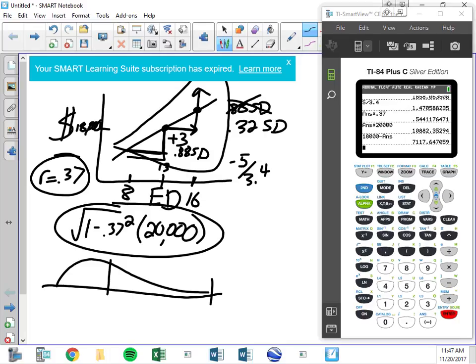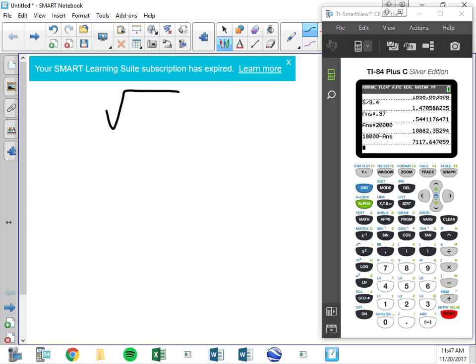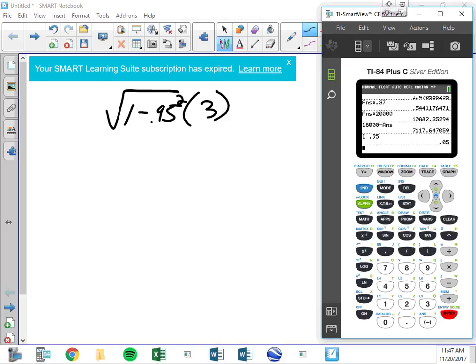Okay, so the RMS error is going to be square root of 1 minus 0.95 squared, times 3. So square root that and times it by, oh my goodness, no. What am I doing?